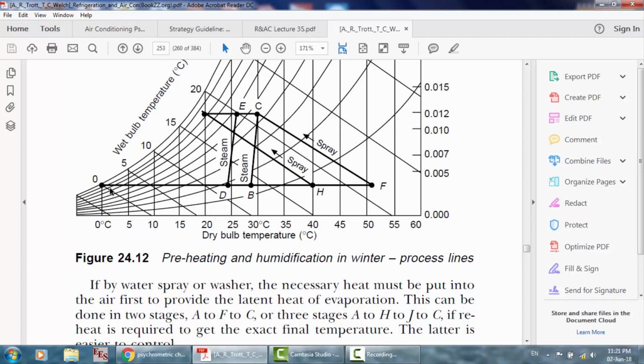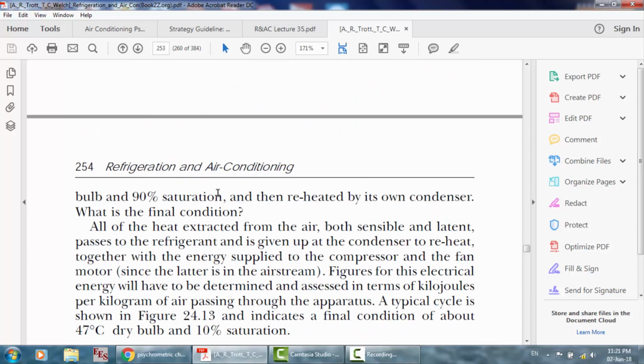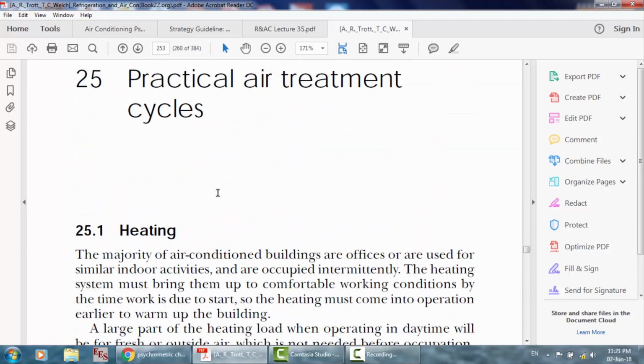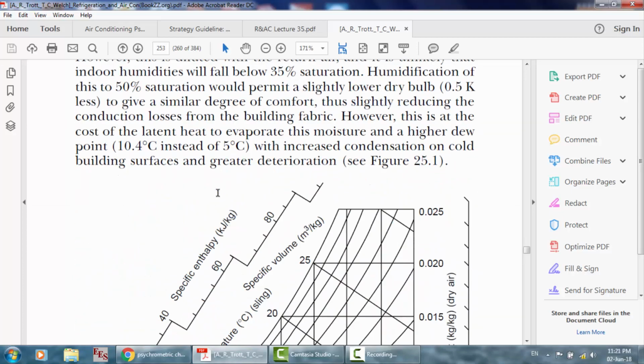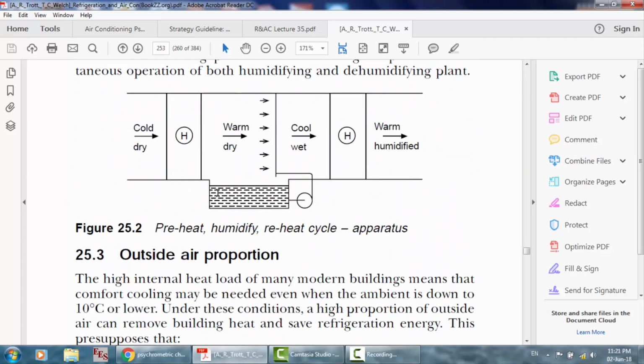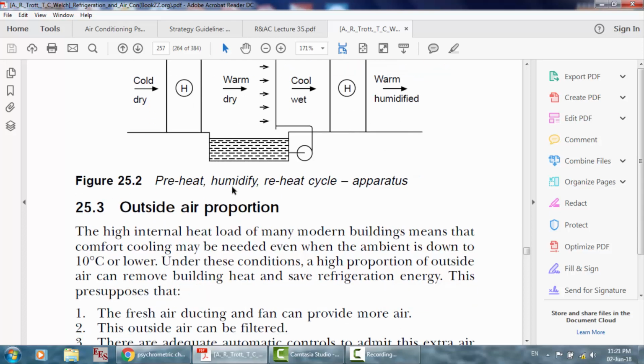So we have here the temperature, and we have here many processes. You can check it out by yourself. So let's continue. We have here the breathing, so cold, dry, and here is the heater and warm, dry, and here cool, wet, and here the H, and here the warm, humidified.